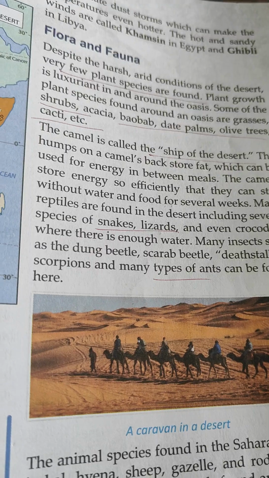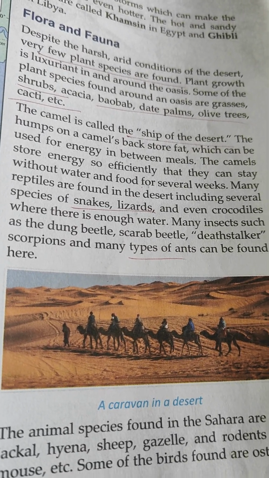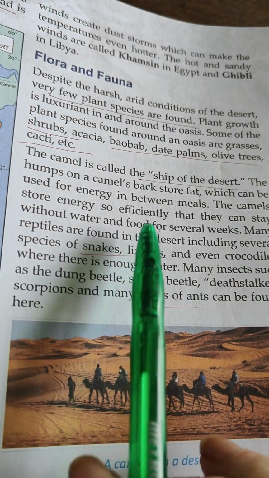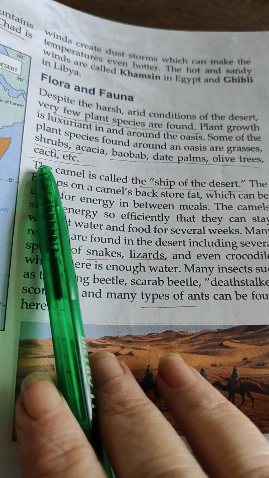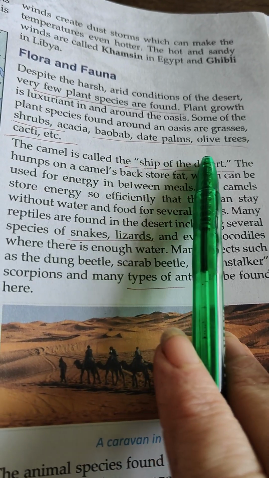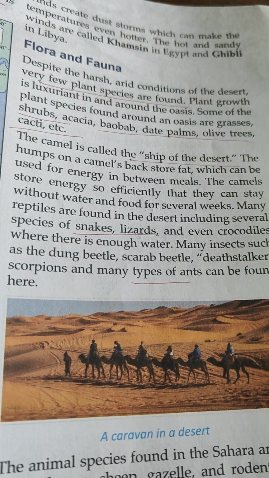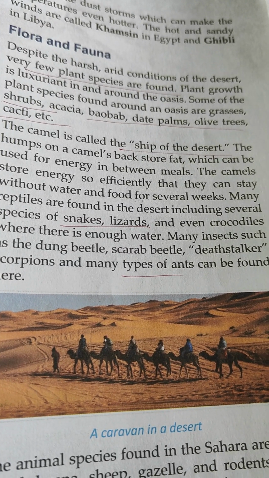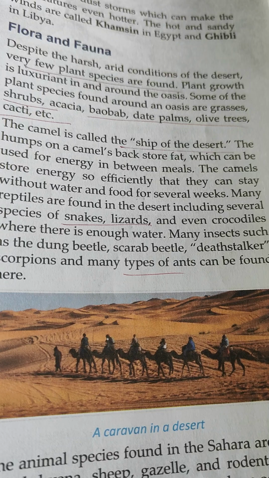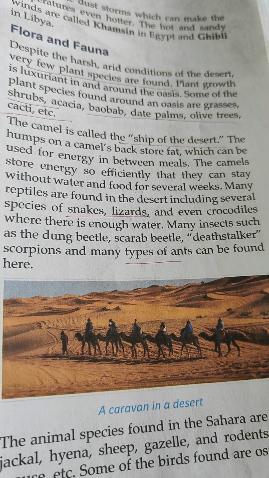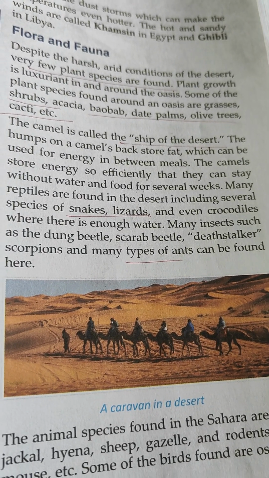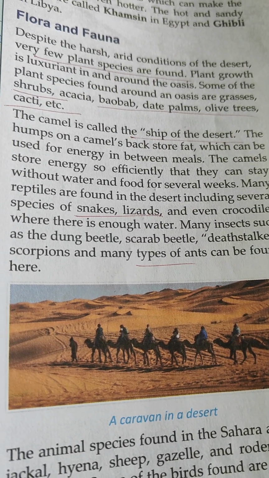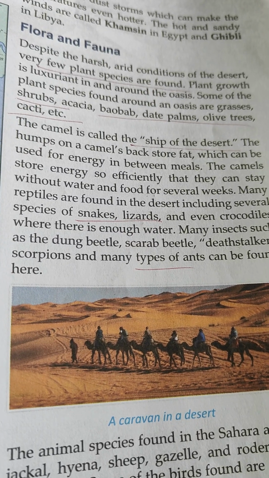Next, the flora and fauna, the vegetation covering the area. Very few plants are found here, some species: shrubs, acacia, baobab, date palm, olive trees, cacti, etc. The important animal found in this region is the camel. It is also called the ship of the desert, because its habitat and survival are well suited to the climatic conditions provided in the desert region.